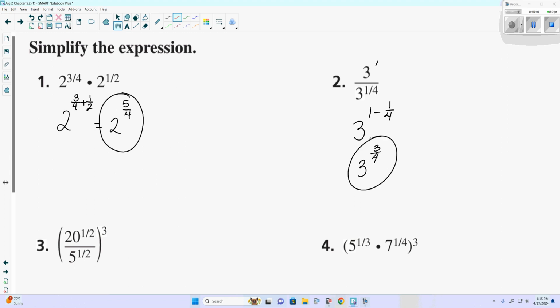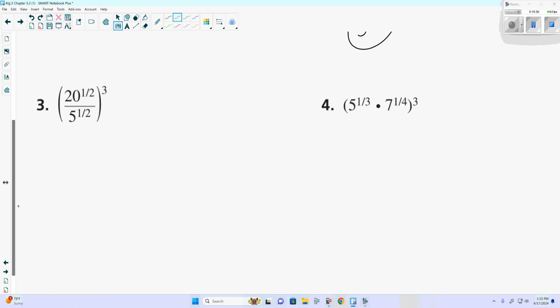When we divide like bases, we subtract the exponents. So it'd be 1 minus 1/4. Now, if the exponent on top had been 2, 3 to the second, or 3 to the 1/2, we do 1/2 minus 1/4.